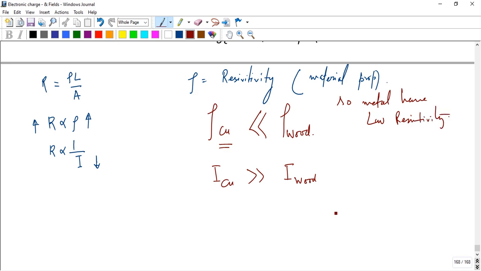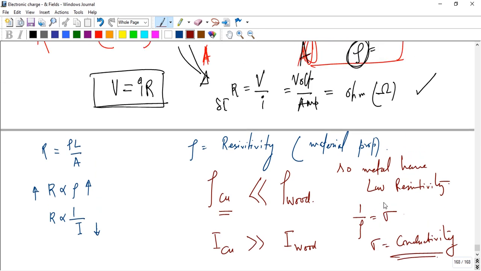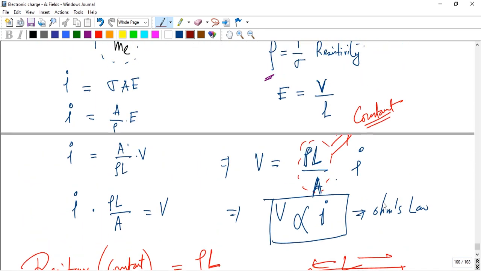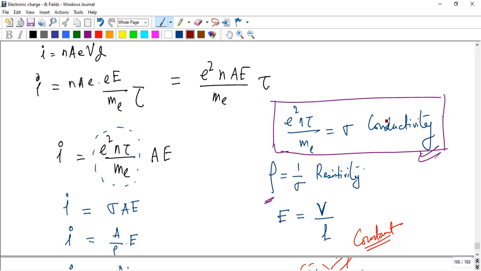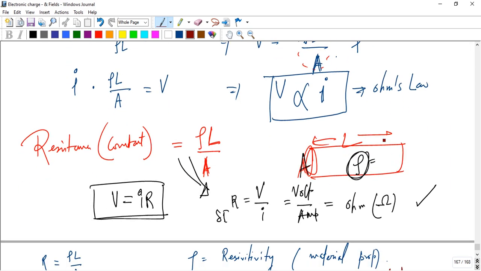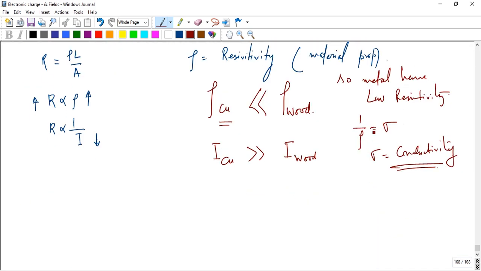And the inverse of the resistivity, 1 by rho, gives us the conductivity. We discussed conductivity in the previous class. Conductivity is the inverse of resistivity.